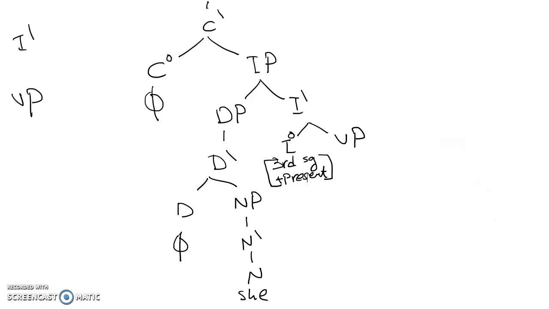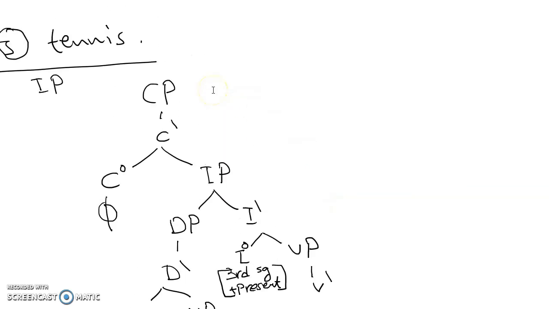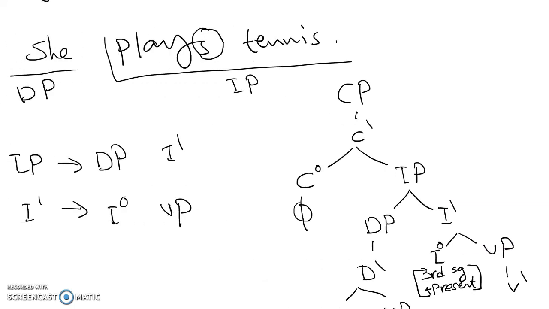Now let's continue to say something about the verb phrase itself. This VP consists of a V bar, and this V bar consists of, as you see here in the previous example, she plays tennis.